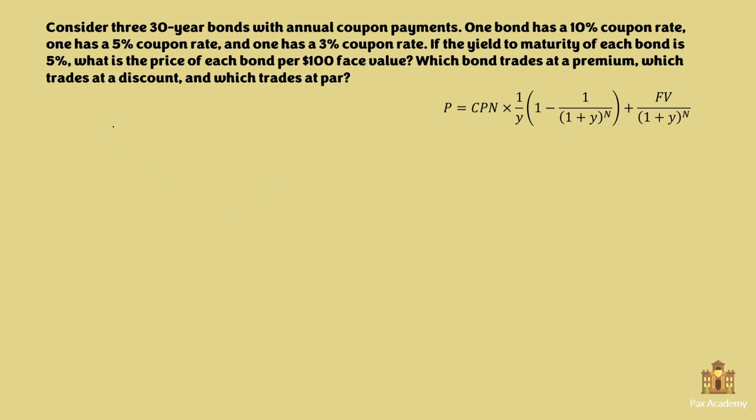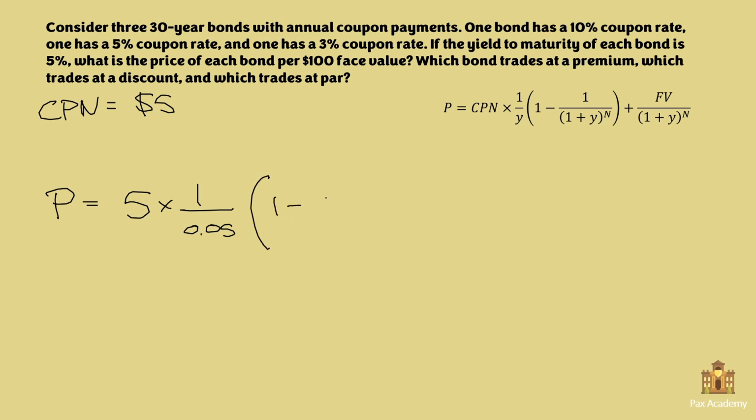The second bond has a 5% coupon rate. So again, we apply the same formula, but this time with a 5% coupon rate. 5% of $100 is $5. So we know that the coupon in this case is $5, and the rest is going to be the same. So 5 times 1 over the yield to maturity, which is 5%.